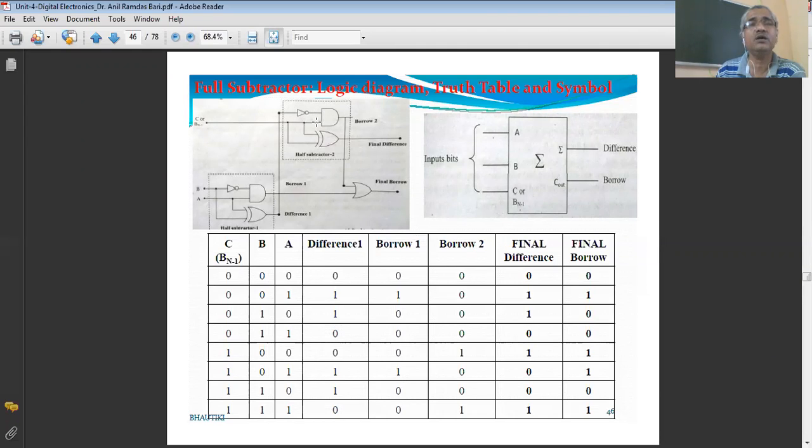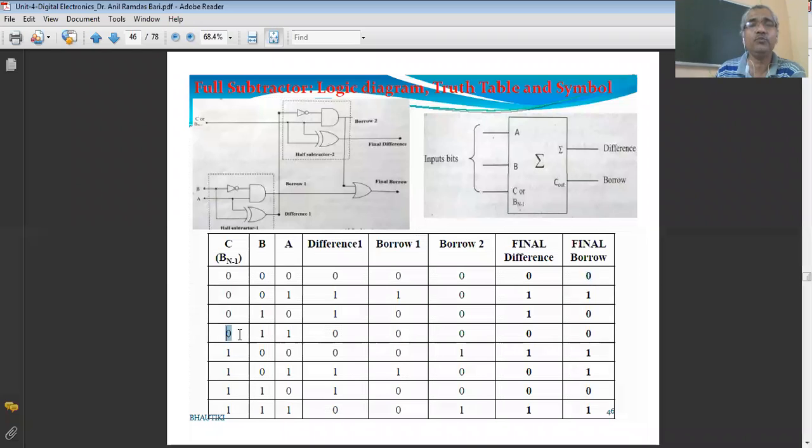So this is 1 and this is 0. The output is 0, and 0 plus 0 is 0. So the final difference is 0, and the final borrow: this borrow is 0 and this borrow is 0, so the final borrow is also 0.